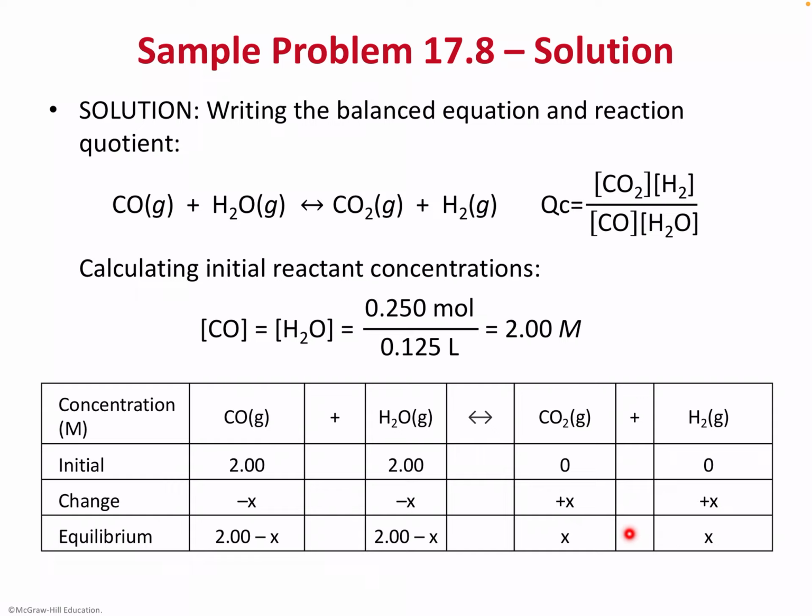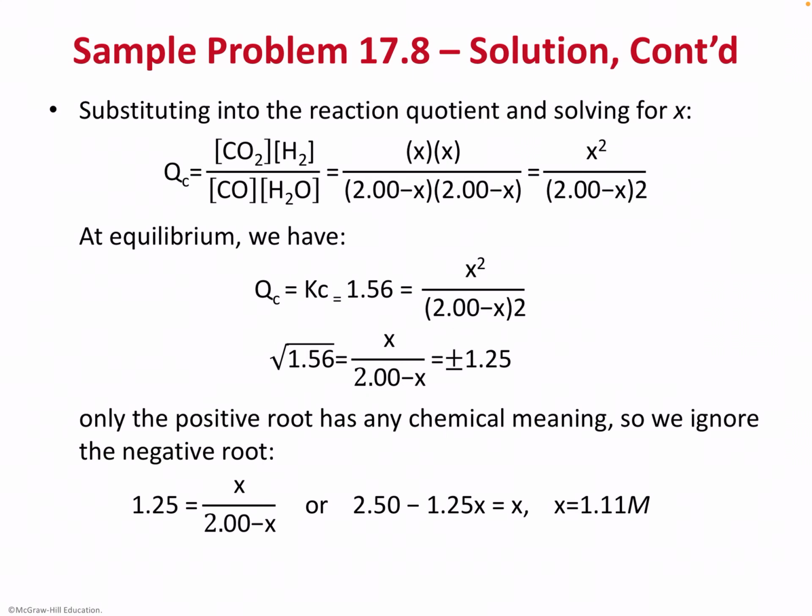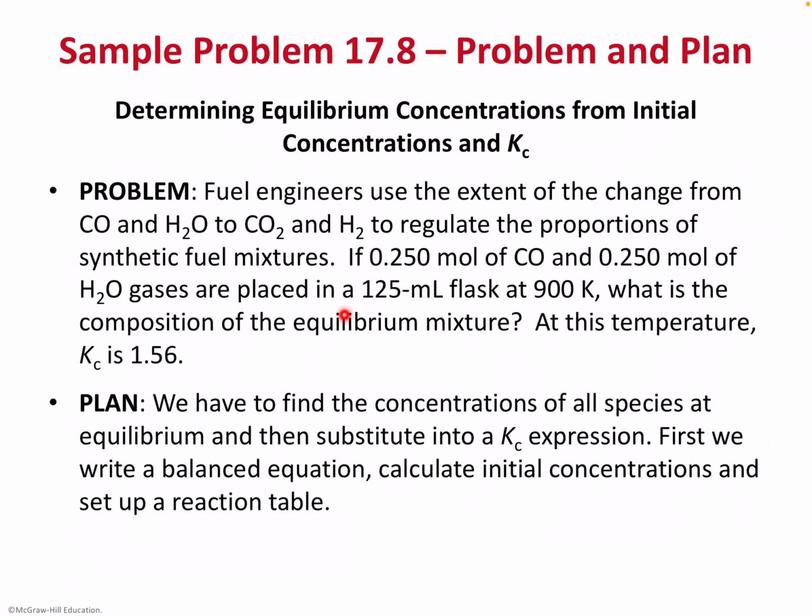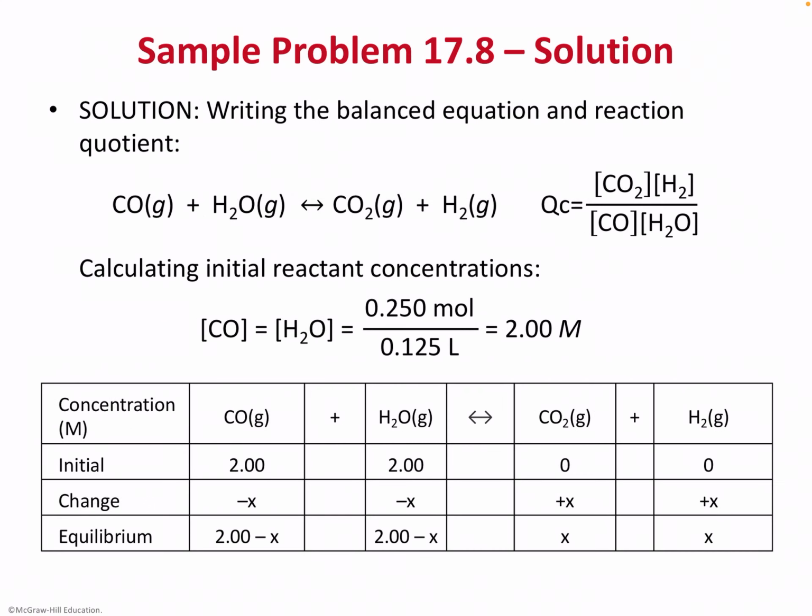So now we can substitute these values into our Qc. Carbon dioxide would be x, hydrogen would be x, and 2 minus x would be carbon monoxide and water. Now in our example question, the Kc is 1.56. So Qc is now going to be Kc because we are at equilibrium.